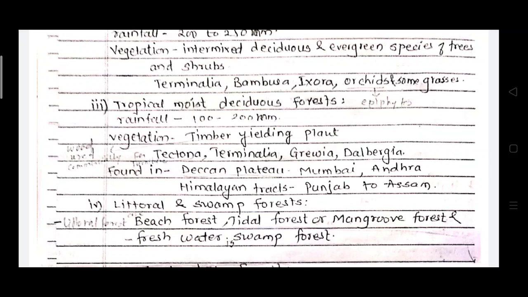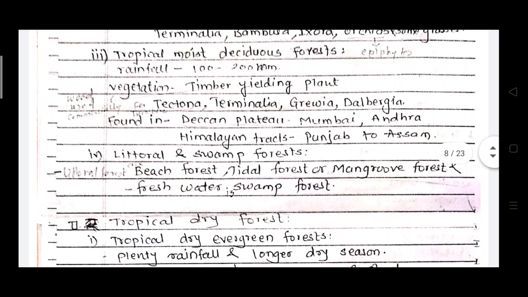These are wood-yielding or timber-yielding plants, mostly present in the moist deciduous forest. These moist deciduous forests are present in the Deccan Plateau, some areas of Maharashtra, Andhra, and some of the Himalayan tracts from Punjab to the Assam region.